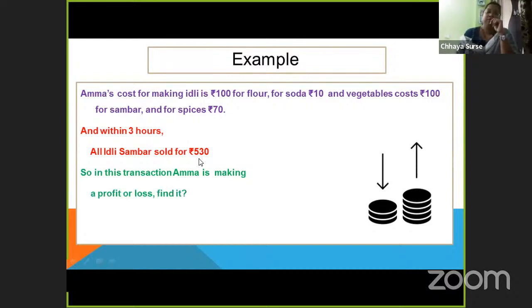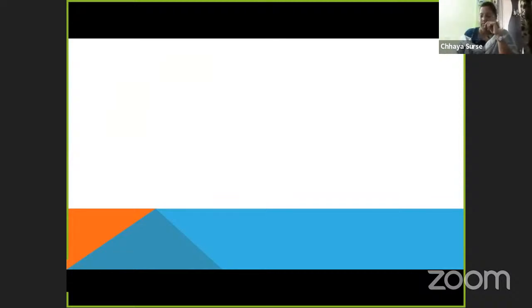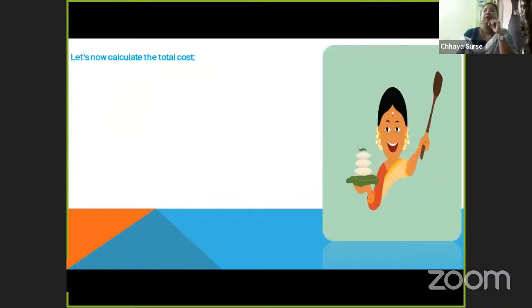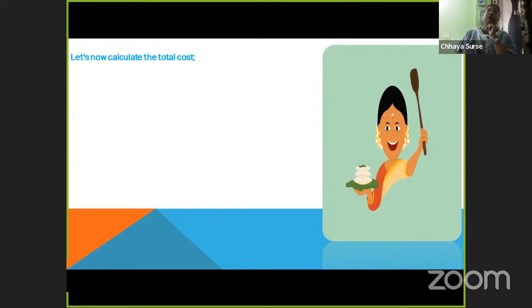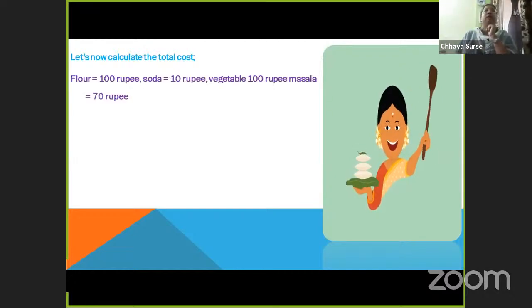How to find? According to the formula, let's first calculate the total cost. For that, we have to add all these numbers: the cost for flour, soda, vegetables, and spices, meaning masala.